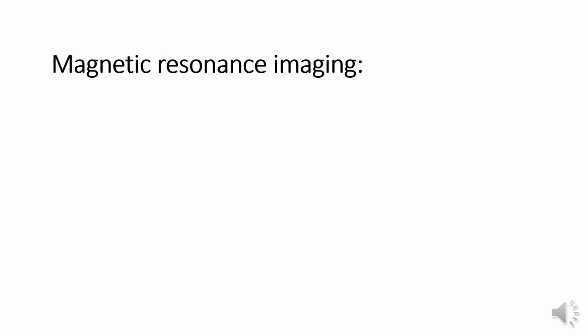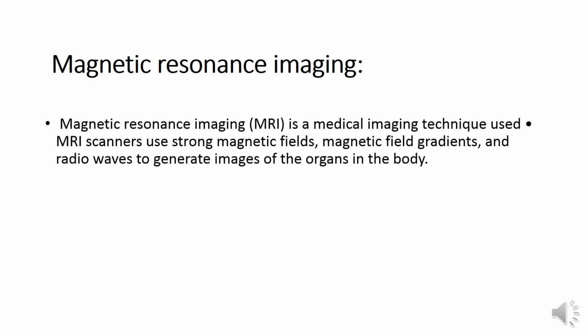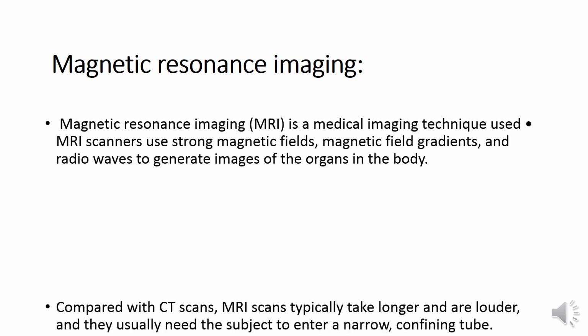First, what is meant by magnetic resonance imaging? Magnetic resonance imaging, that is MRI, is a medical imaging technique used in MRI scanners. It uses a strong magnetic field, magnetic field gradients and radio waves to generate images of the organs in the body.